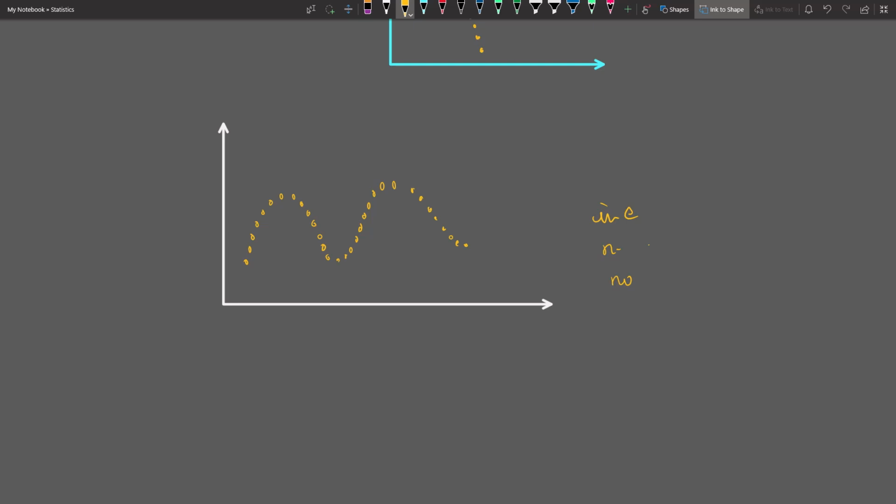Can you answer this? You can notice this is increasing and this is going to be decreasing, and this is also increasing, this is also decreasing. So basically this graph is not a monotonic graph.